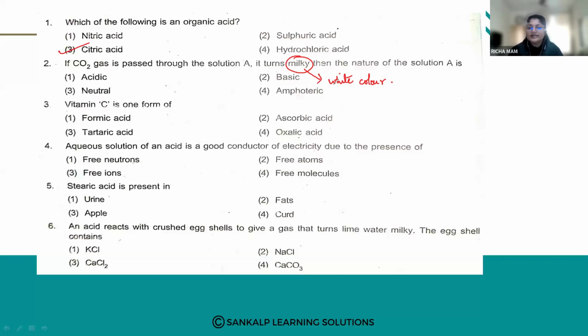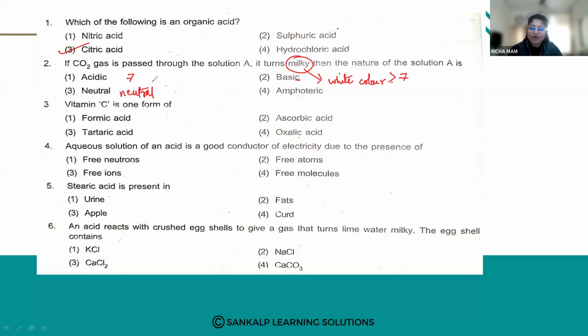What do you mean by acidic? Acidic means the pH will be less than 7. Basic means the pH will be more than 7. Neutral means it is neither acidic nor basic.